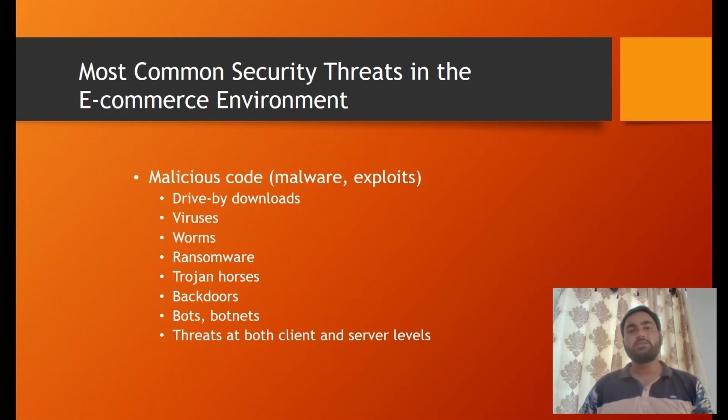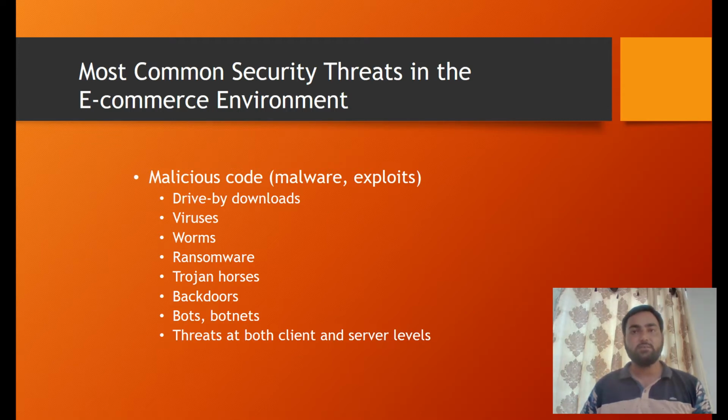How does this malicious code get into the system, and in what forms? So the first point is drive-by downloads. That means when you are downloading some application programs from the internet, the malicious code or malicious program may get downloaded into the system by chance, if it is attached with the file, the file resources, or the particular portal from which you are downloading the program.